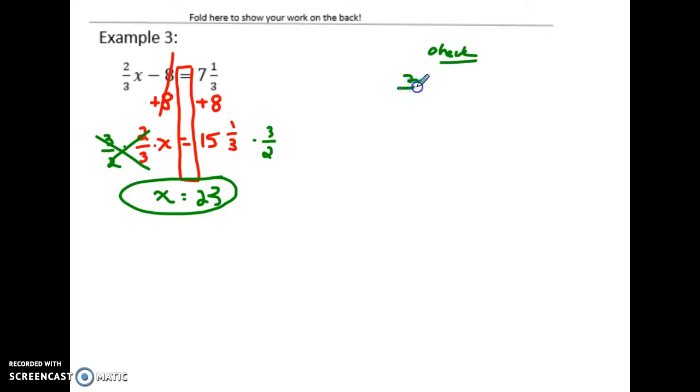Copy down the equation, and then plug it in. So we need to know if 2/3 times 23 minus 8 really is 7 and 1/3. So let's find out.